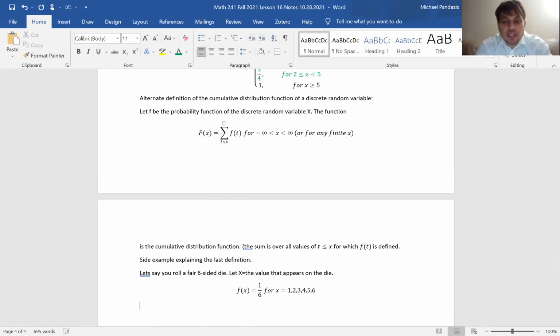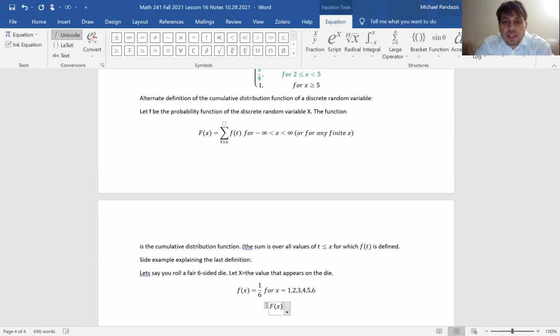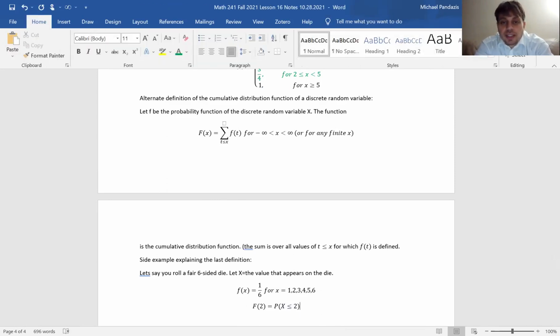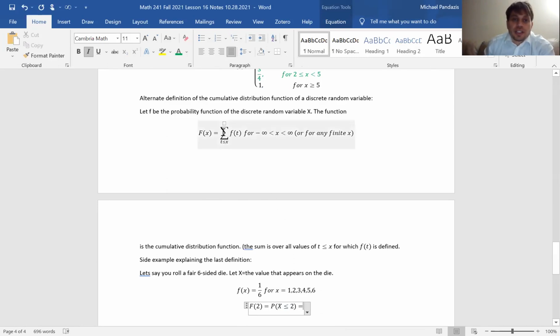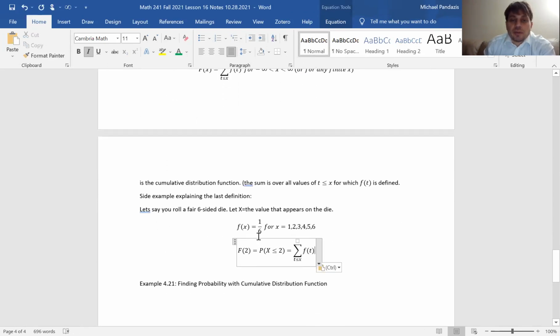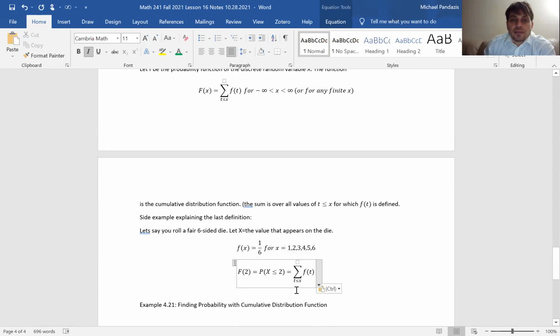So let's say you wanted to calculate capital F of x. Well, let's say you want to calculate capital F of 2. Capital F of 2 is the probability that capital X is at most 2. By this definition, it's equal to this sum over all t less or equal to x, but here x is 2, of f of t.